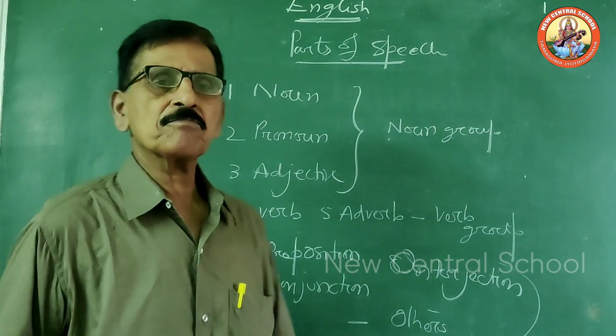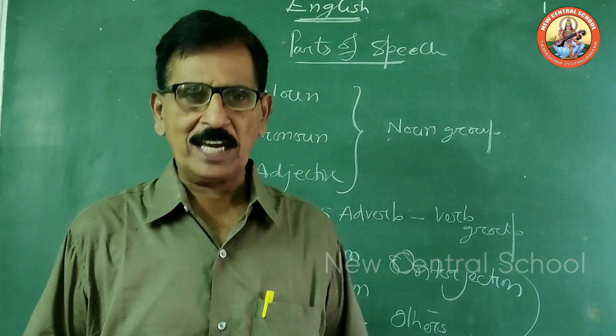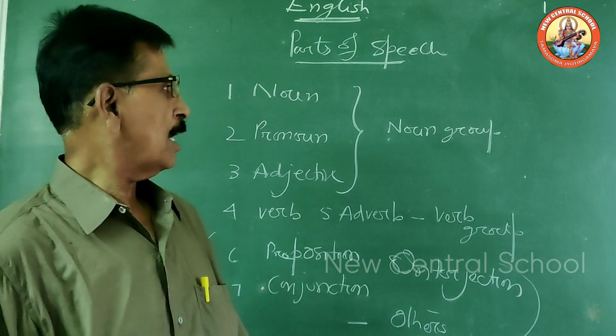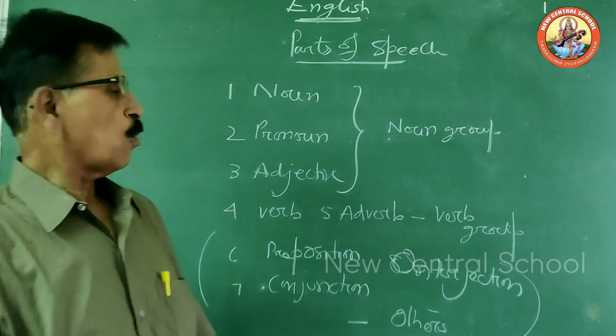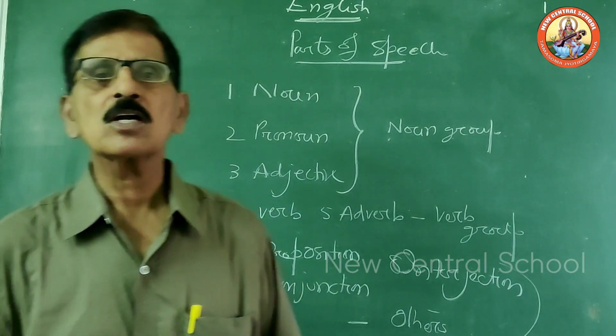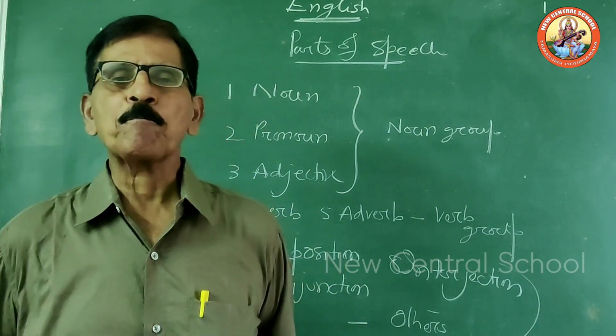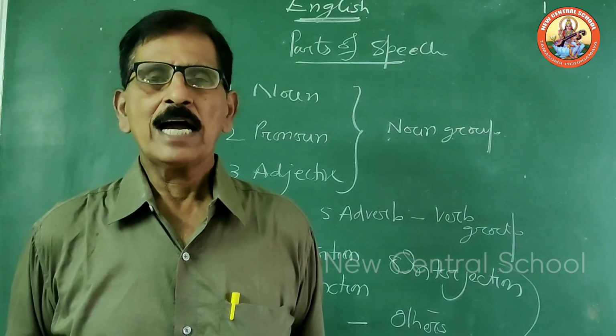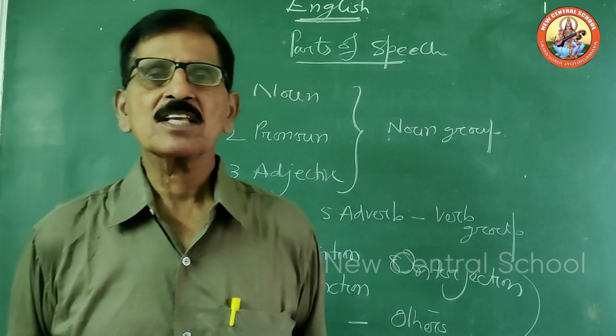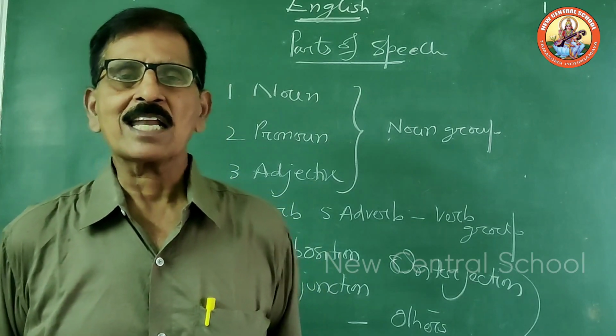After knowing the parts of speech, let us discuss individually. What is a noun? Noun is a name of a person, place, or a thing. Examples: Rama, Krishna, Sita, Radha.